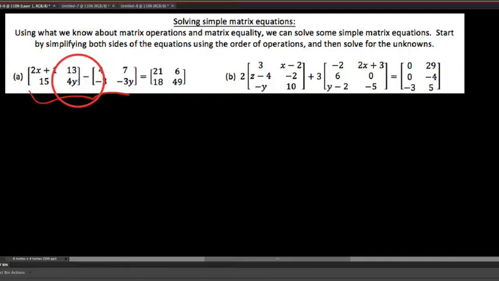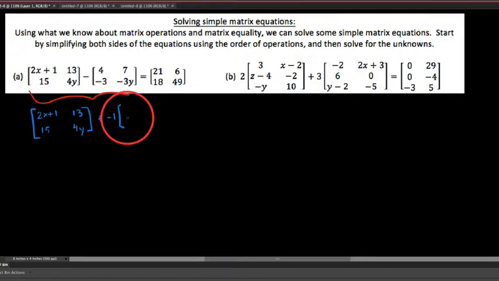And so when we look at letter A here, I notice that on the left side we have some matrix subtraction going on. What I'd rather do is just add the opposite, so we're going to rewrite this expression. We get in the top left corner 2x plus 1, 13, 15, and 4y. And instead of doing subtraction, we're going to add the opposite.